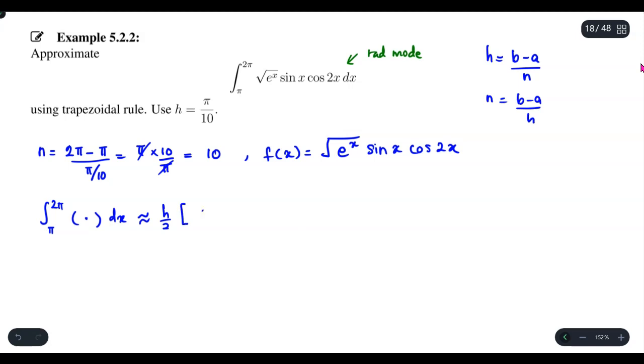The first is always f0, and the last f in this case would be f10, because your n is 10. So f10 plus 2 times the remaining.